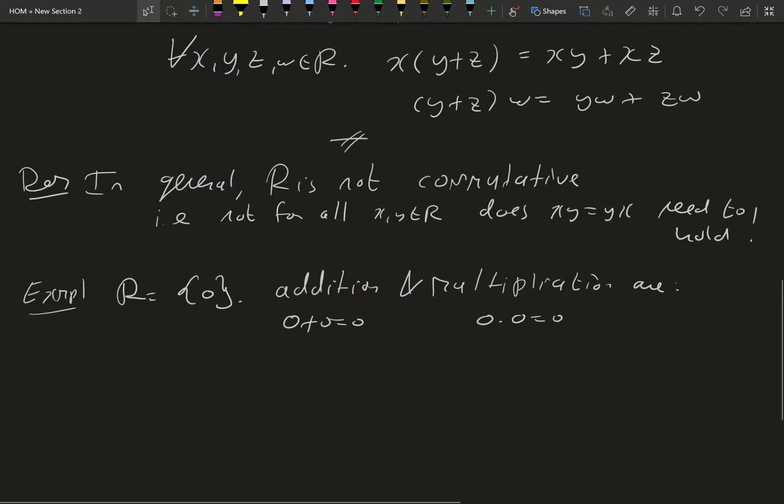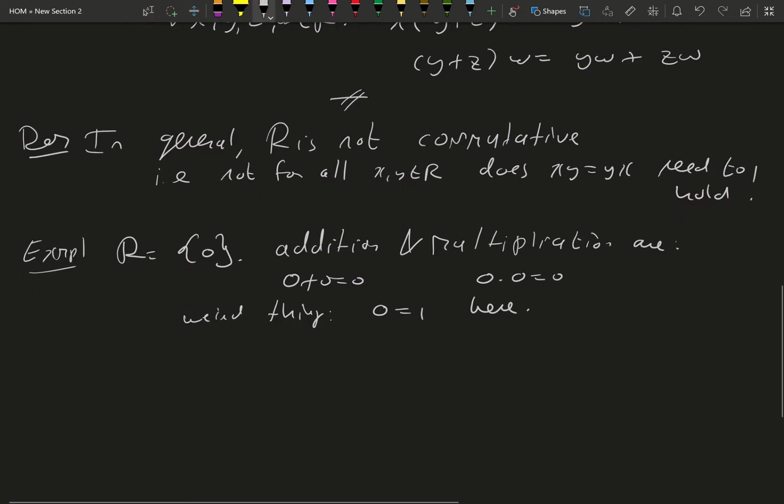And it's easy to check that you have all these axioms, because every axiom becomes trivial in this case. And the weird thing is that 0 is 1 here. And this is also the only example of a ring where 0 can ever be 1.